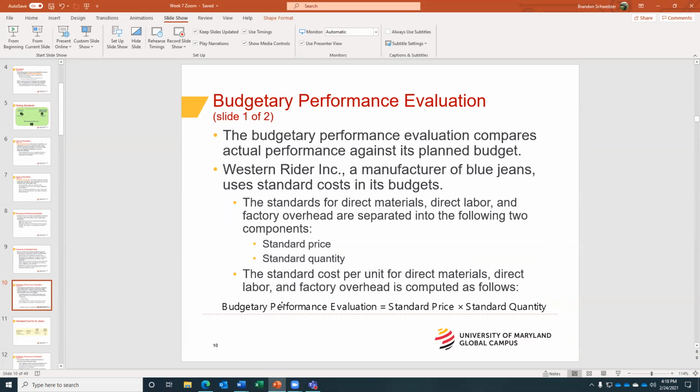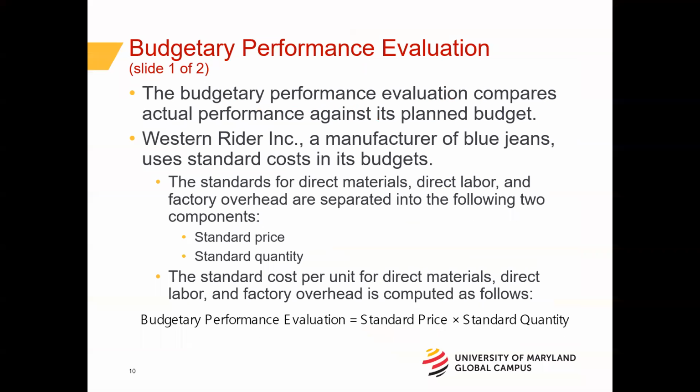Apologize for that. Let's fix that right quick. So budgeted performance is, we take standard price times standard quantity. That's the formula we're using.